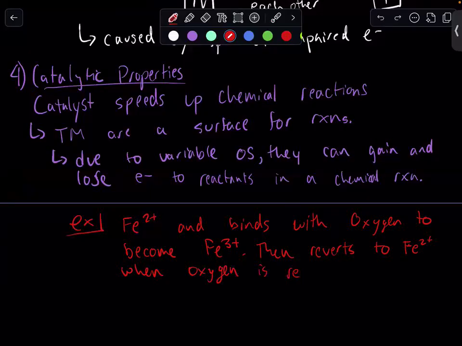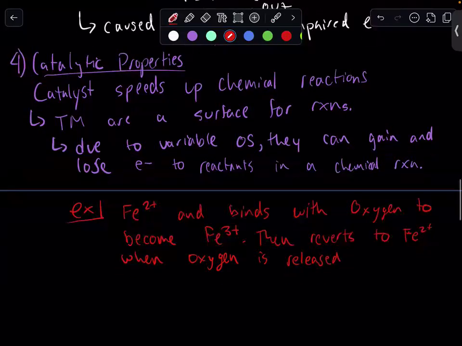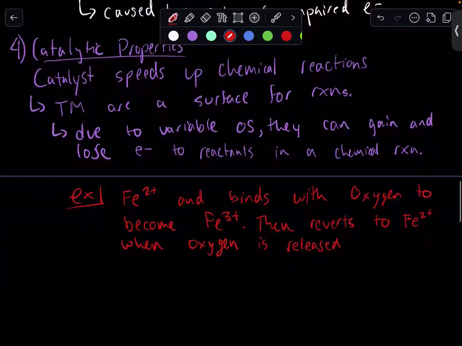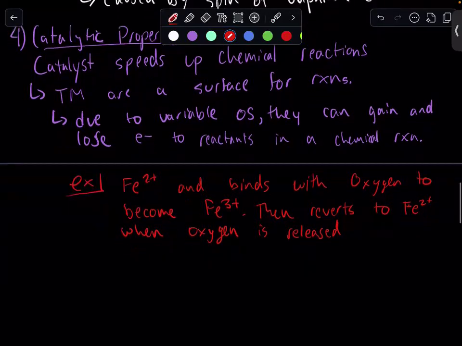So your body uses it everywhere. We use it for our respiration. And once we have brought the oxygen where it needs to go, iron will let it go and revert back to iron 2 plus. And so it remains unchanged.